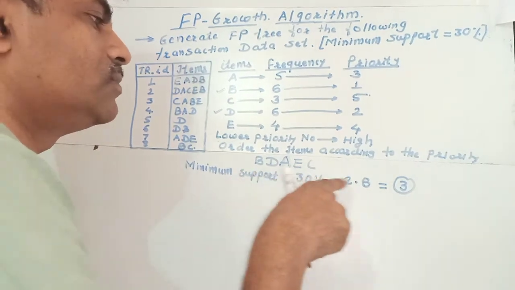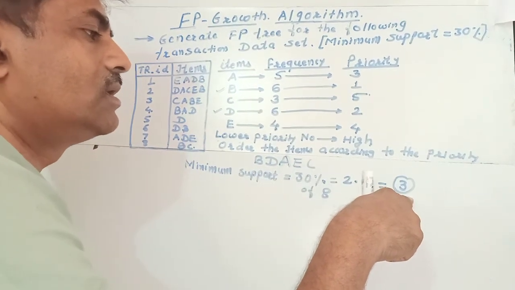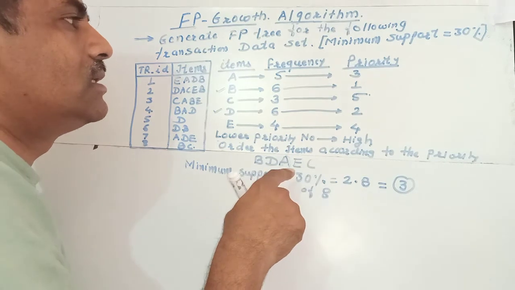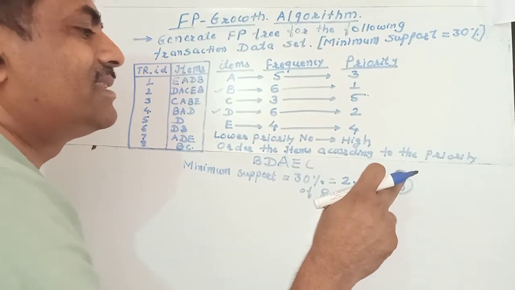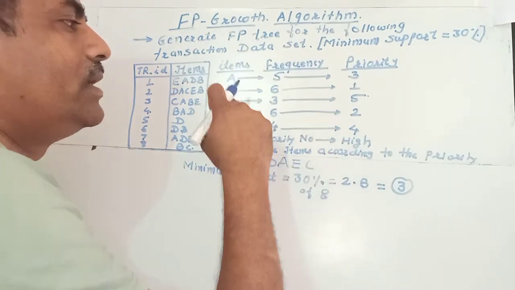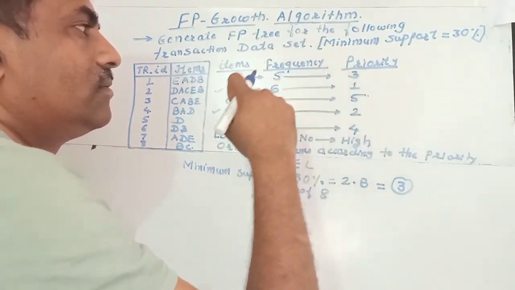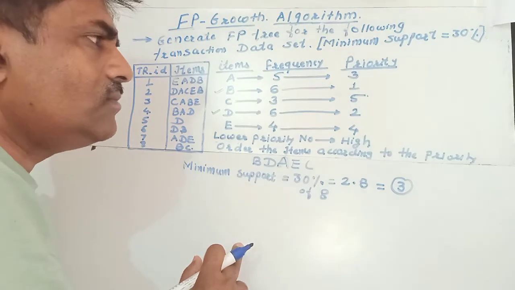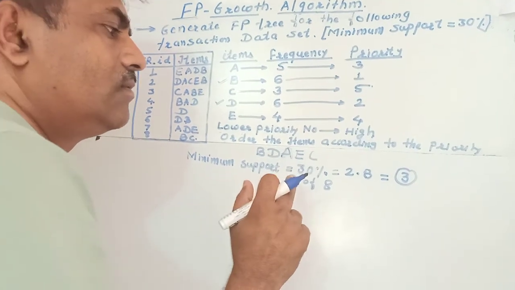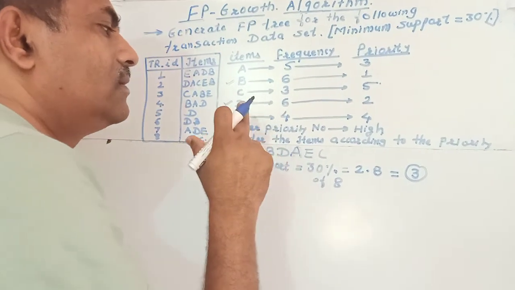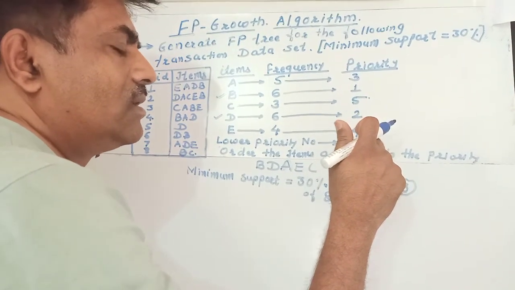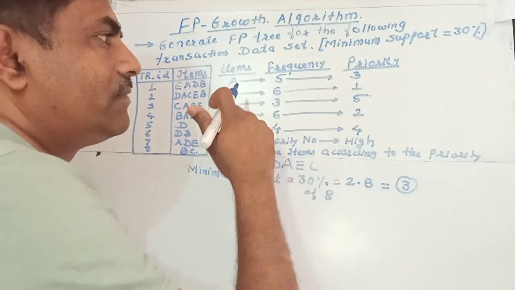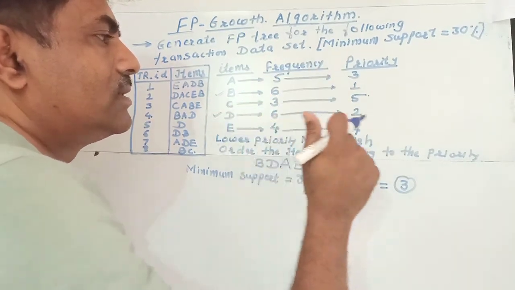So the meaning of minimum support equal to 3 is that whatever the priority count is less than 3, we will omit from the priority list, right? Once again I repeat, the priority with the number less than 3, we will discard from this list.